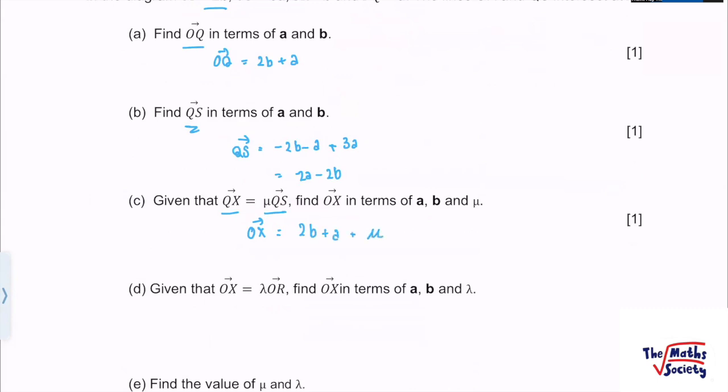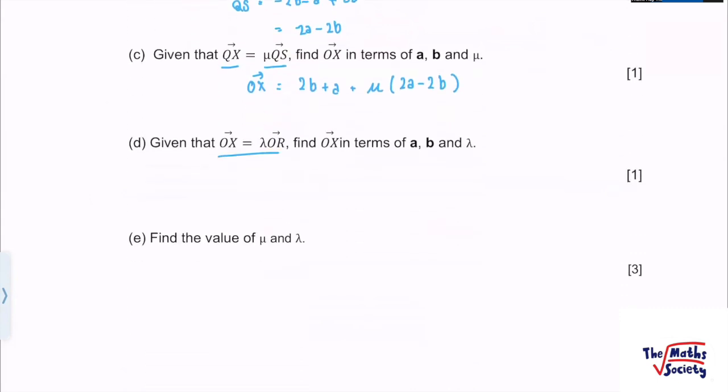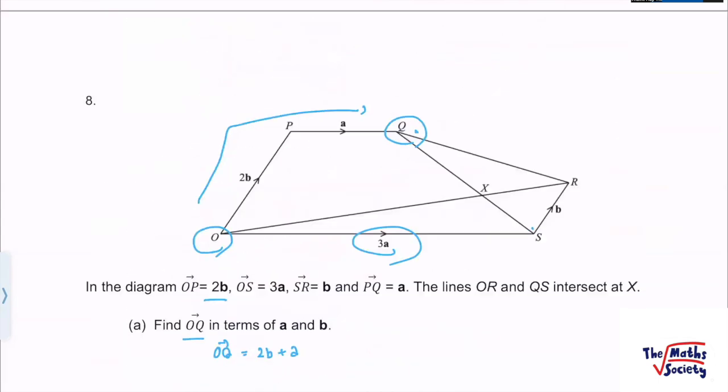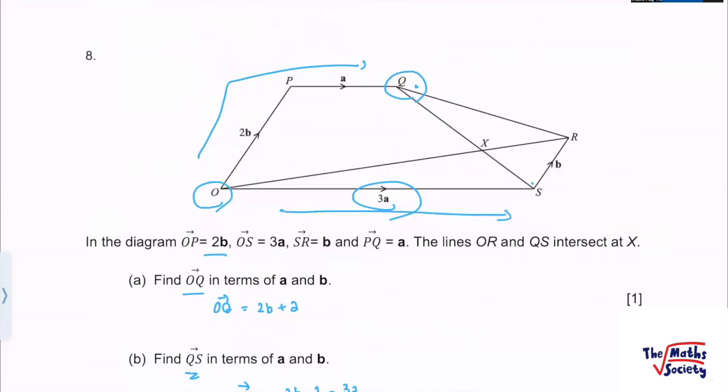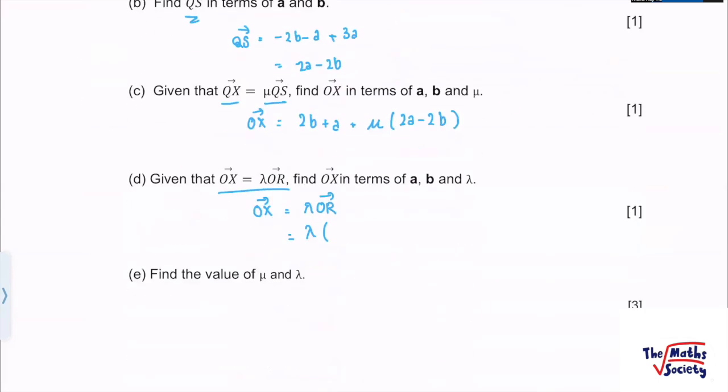So here we have mu times 2a minus 2b. Okay, so OX is equal to OR, which is O here and R here, so 3a plus b.